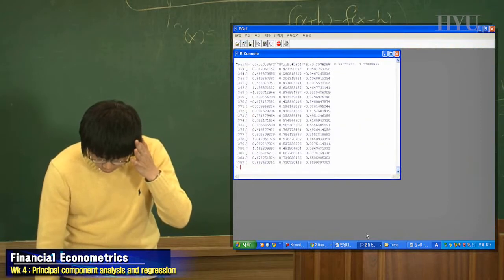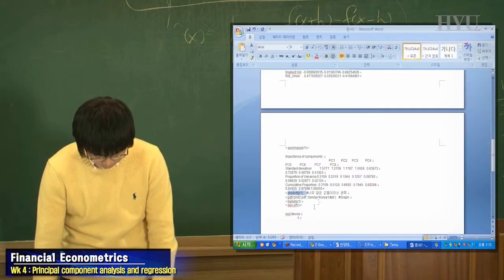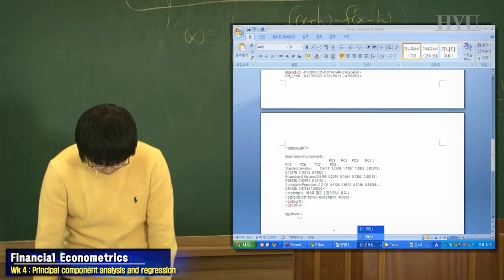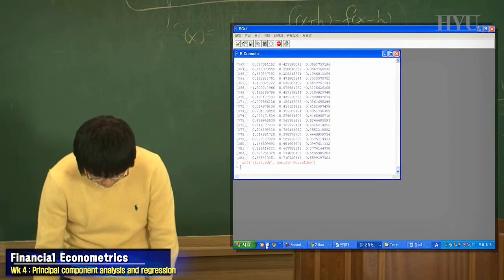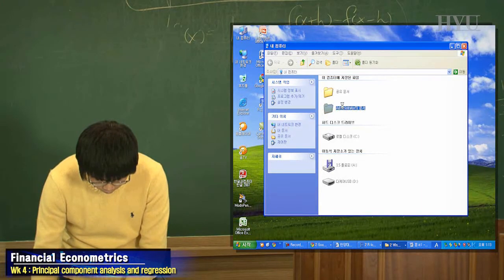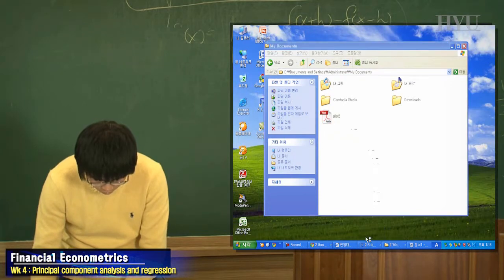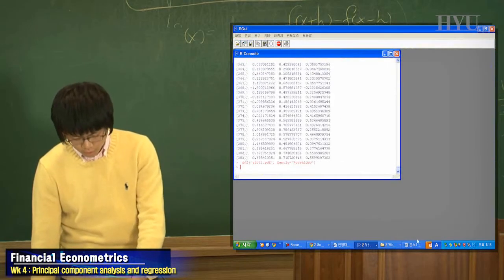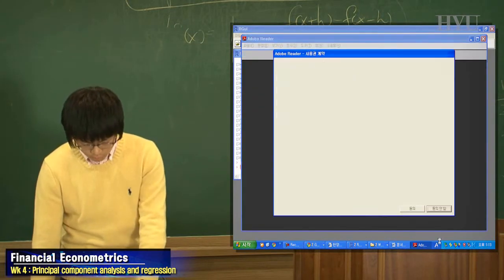Then, so many data. This order makes the PDF file and shows the graph of this PCA.